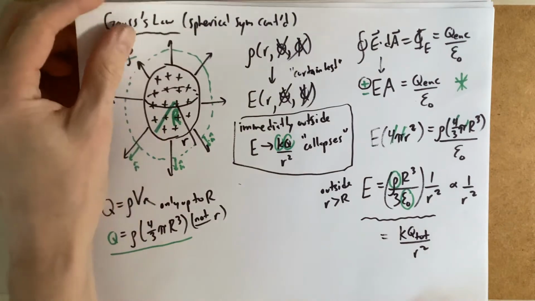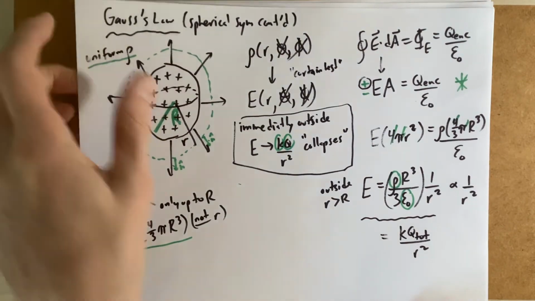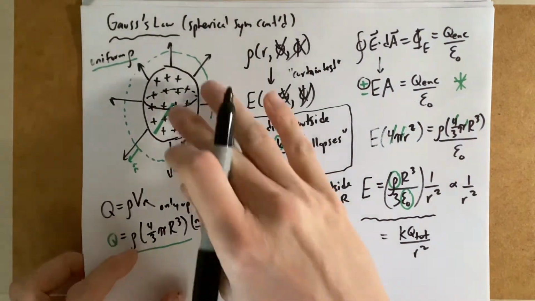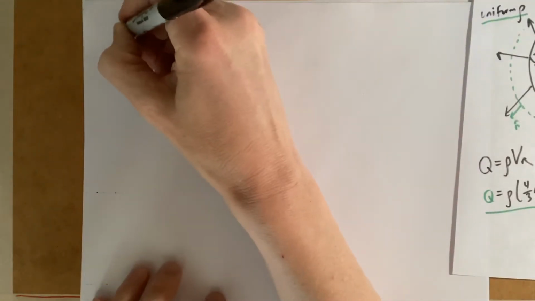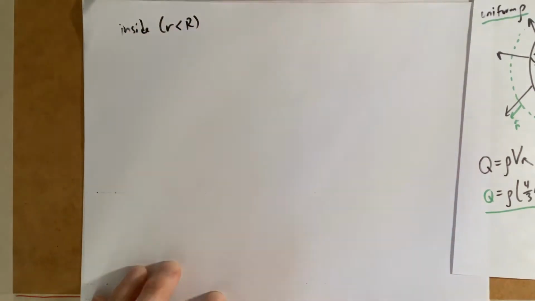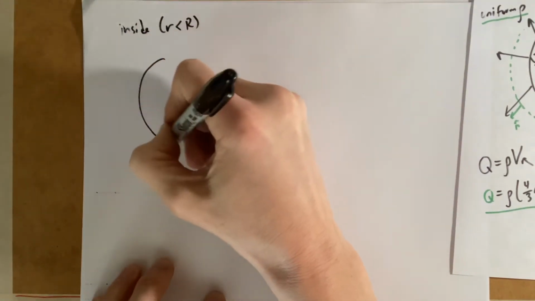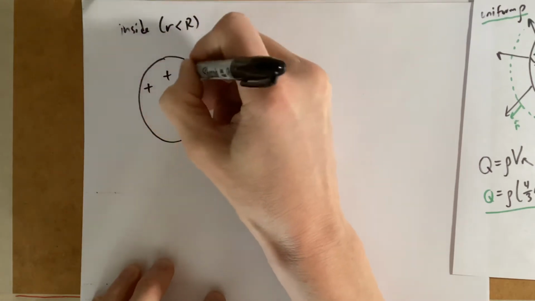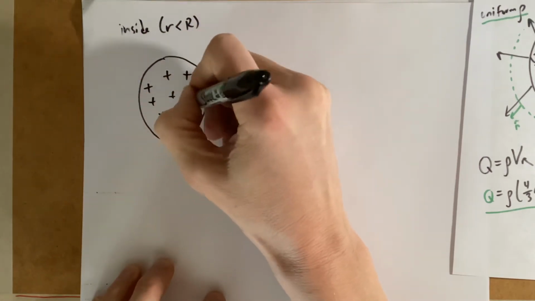Let me go ahead and start working on the inside. What's the electric field inside? So for that, let's do inside, which is to say my Gaussian surface is inside, so that it's going to be less than the big R. Always worth drawing again, just for clarity.